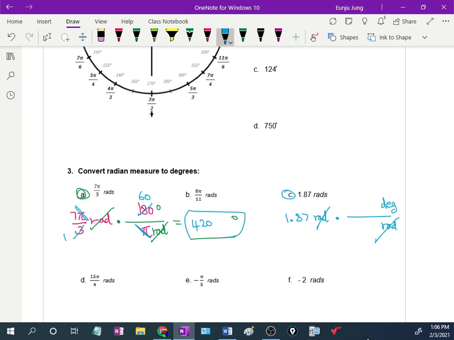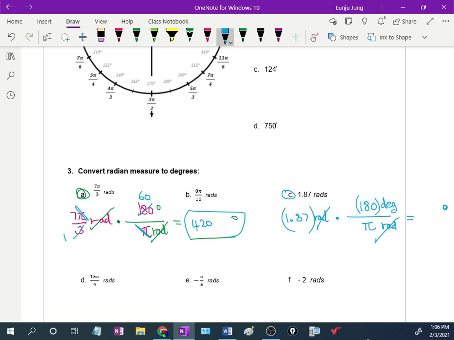So what is the quantity equal to each other? Pi radian is the same as 180 degrees. So I need to use that and then use the calculator. So multiply 1.87 times 180 on the calculator and divide by pi, and you get the number, and then put the degree notation at the end when you convert it.